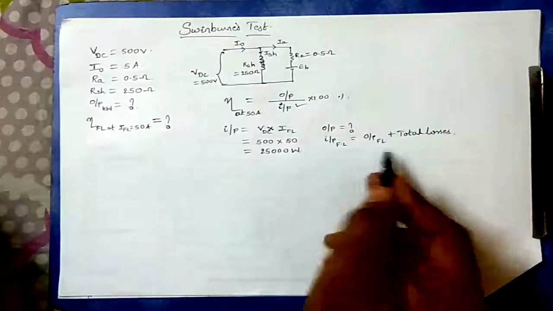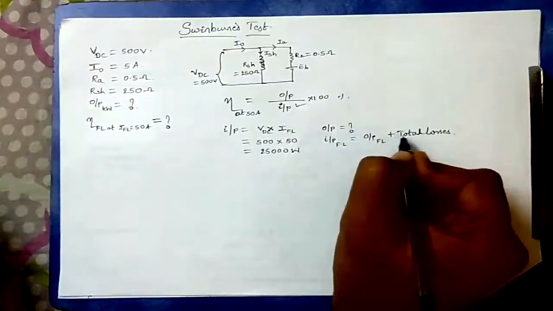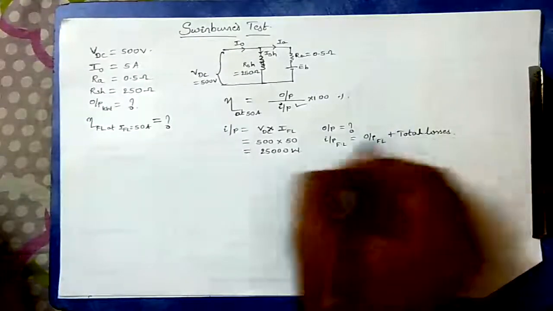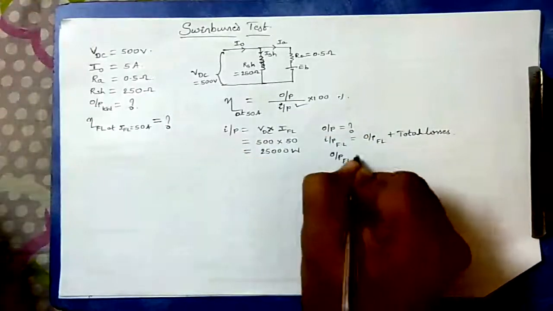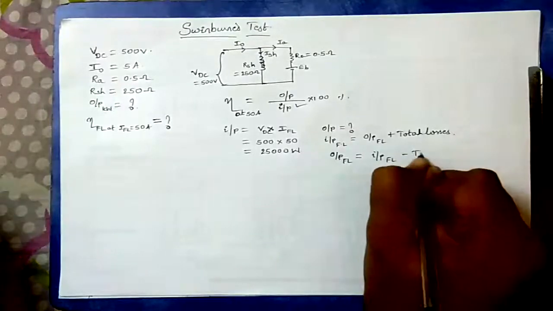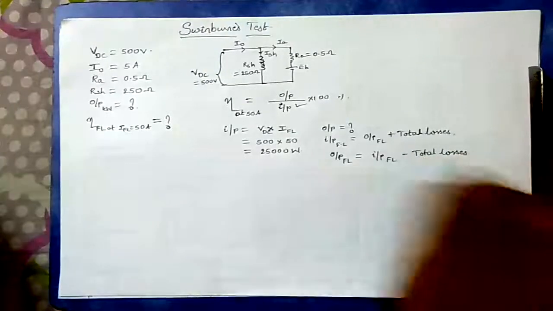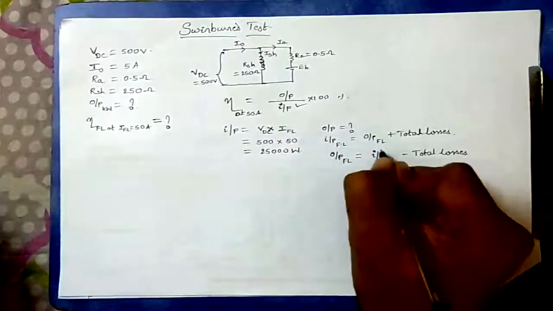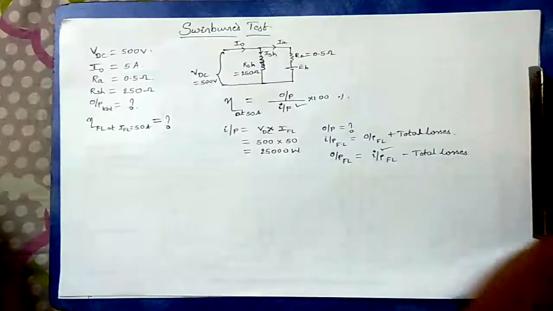Input is equal to output plus total losses. So input I know, output I am supposed to calculate, and total losses is the one which I don't know. So in terms of output, it will be input at full load minus total losses. Input I know, I shall just tick it, and let us calculate total losses.